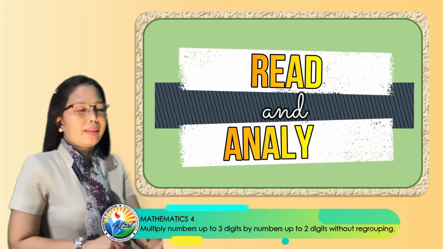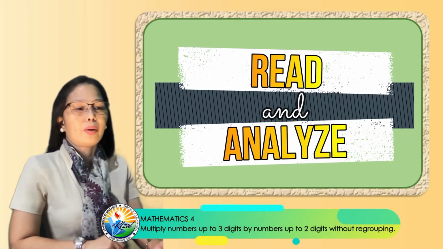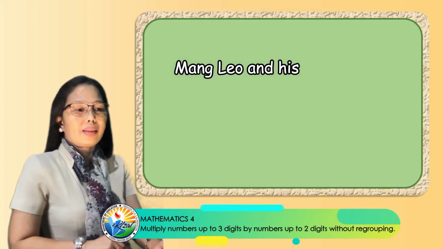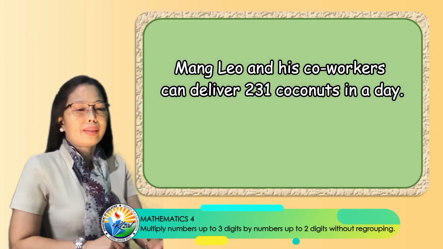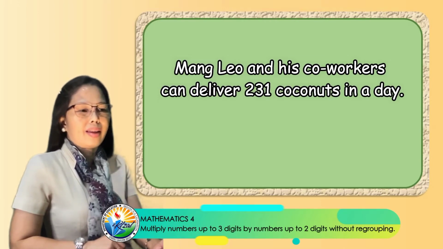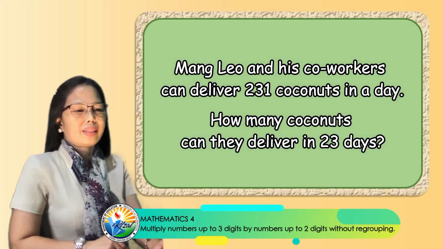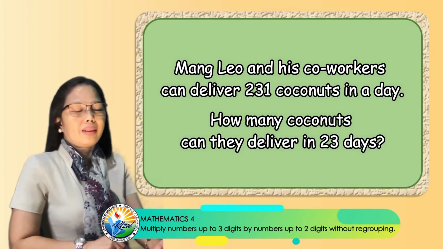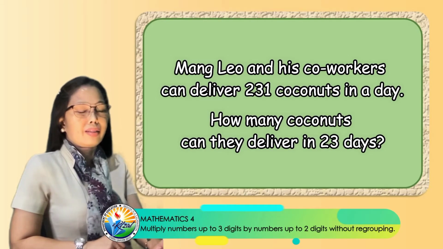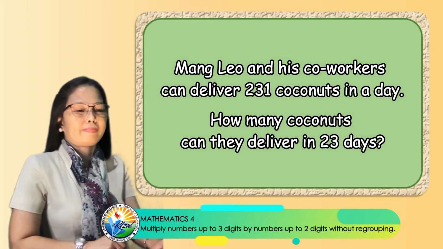Let us read and analyze this given problem. Mang Leo and his co-workers can deliver 231 coconuts in a day. How many coconuts can they deliver in 23 days? To answer this, let's answer the following questions.